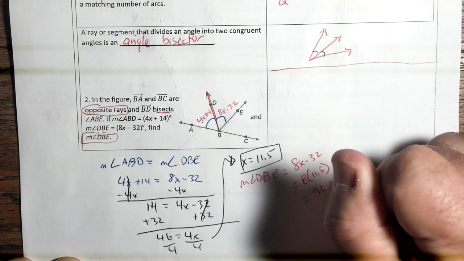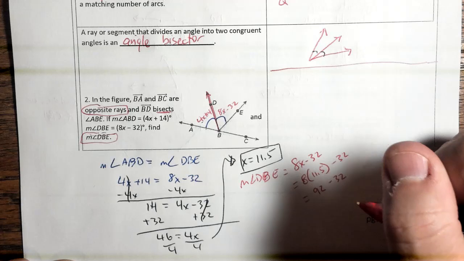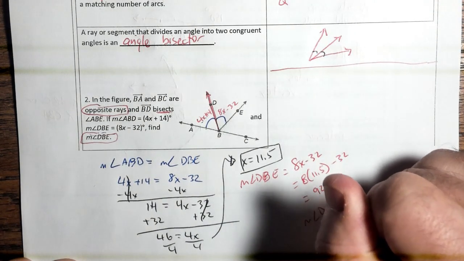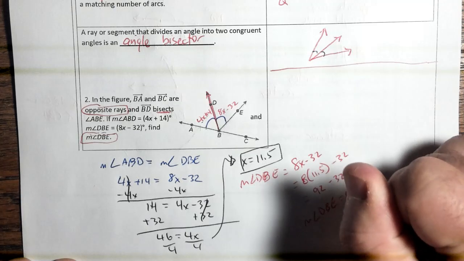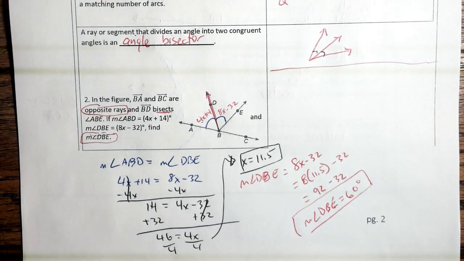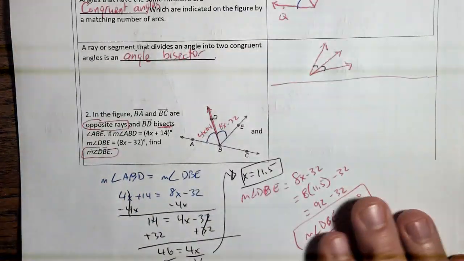Minus 32. The measure of angle DBE is 60 degrees. Okay, let's move on to page 3.